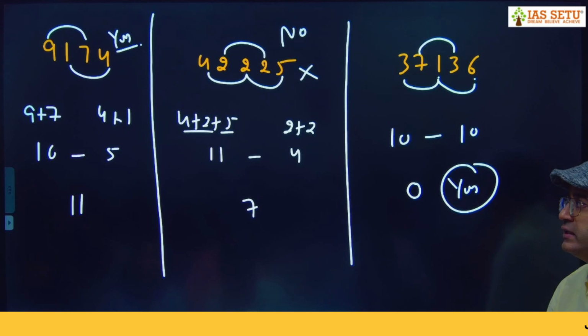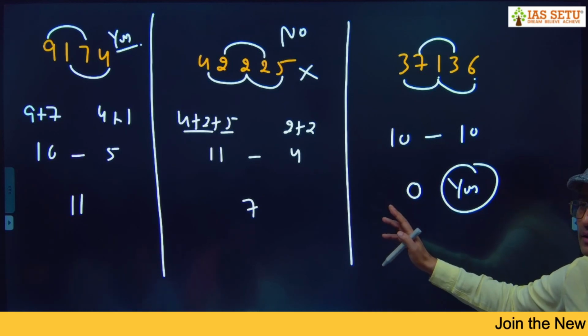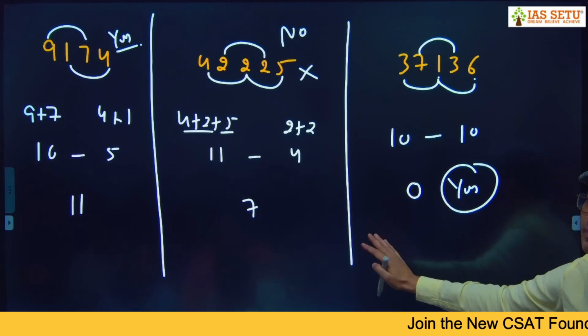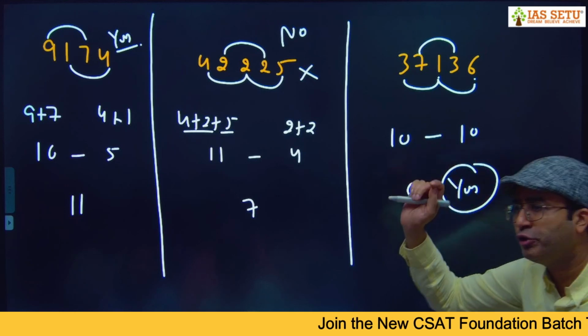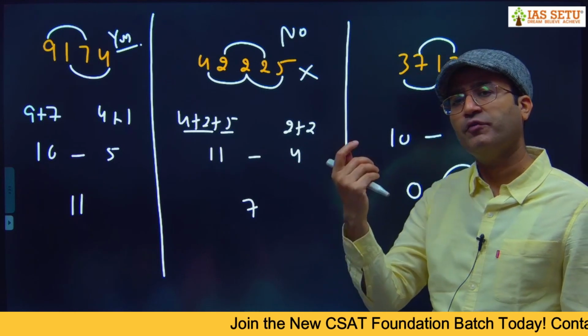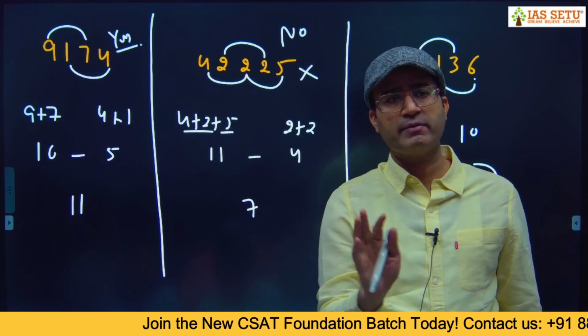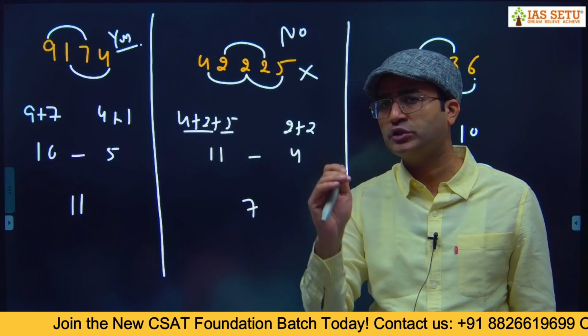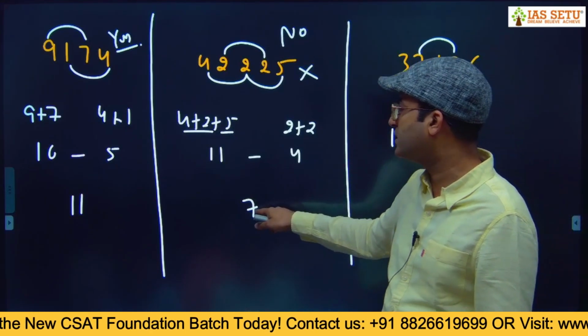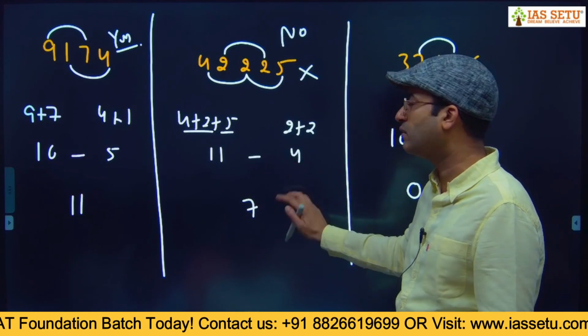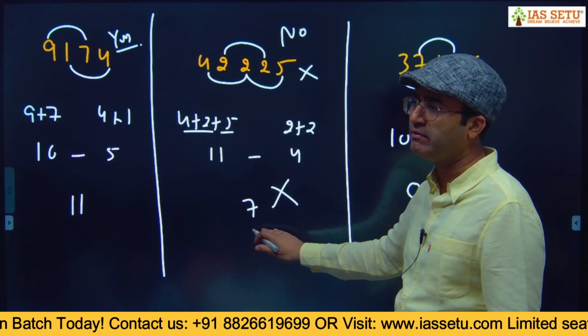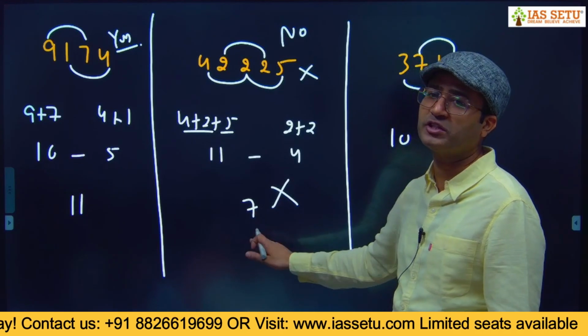Now the point here is some students ask, sir, the remainder. Here this is the problem. For divisibility of 2, 4, 6, 8, 16, we have the same rule for divisibility and the same rule for remainder, for 3 and 9 also, for 5 and 10 also. But in this case, this method will not tell you the remainder. Don't say 7 is the remainder. This is the problem with this method.